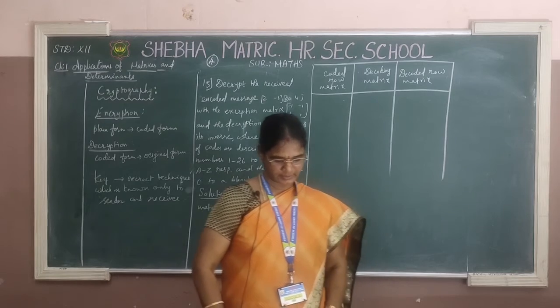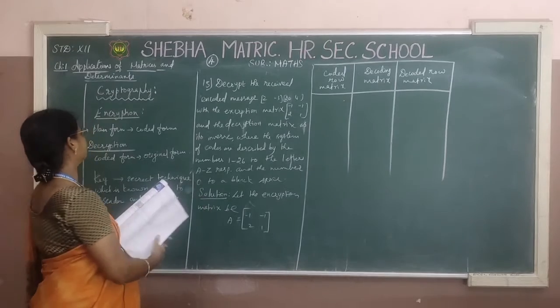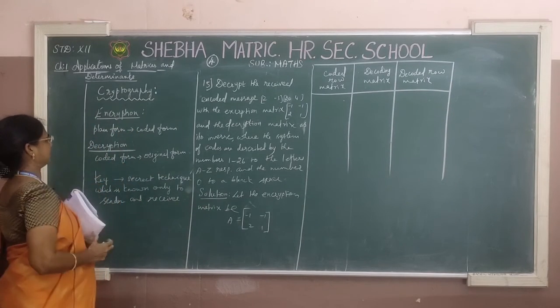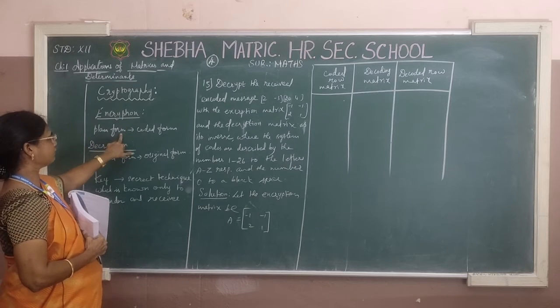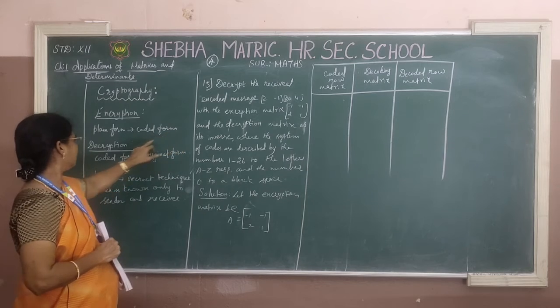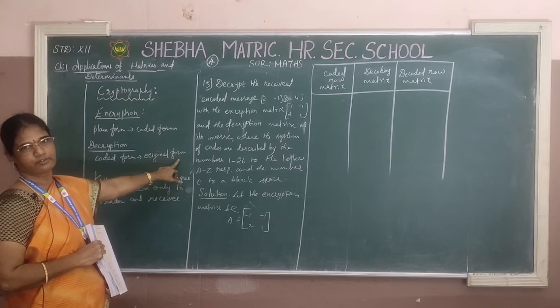In this there are two factors. First one is encryption, second one is decryption. Encryption means plain form is transferred into coded form, and decryption means coded form into original form.